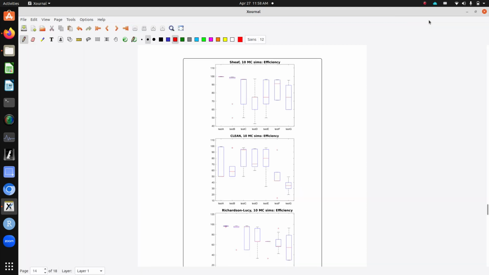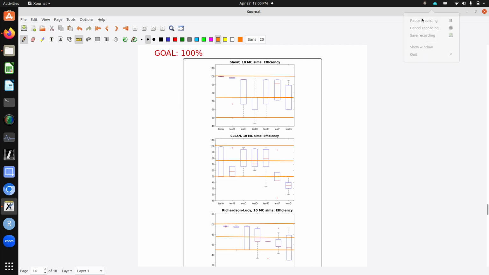Okay, I just sort of zoomed out here because it's really hard to get the whole page together in one view. So the goal here is to be as close to 100% as possible. And I'm going to put in some marks to make it easier to read this graph. Okay, so the goal is 100%. So where is it? Okay, it's right here. It's the top of those three lines.